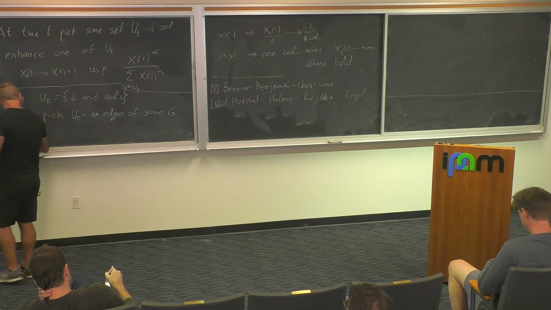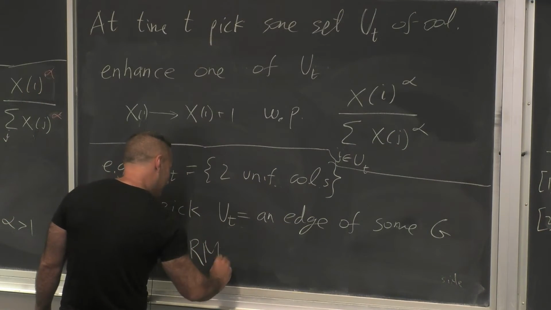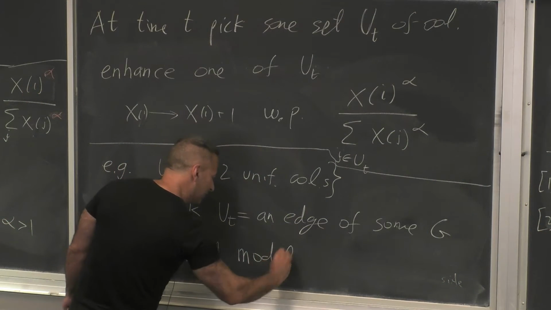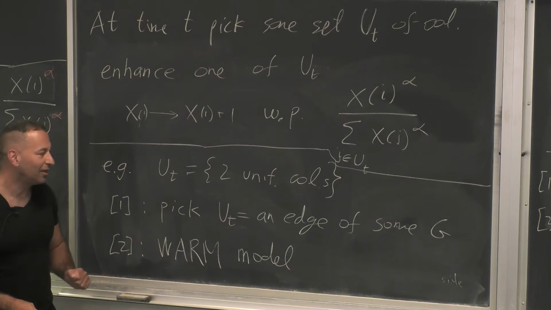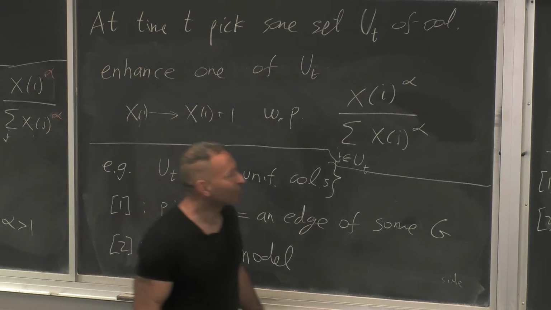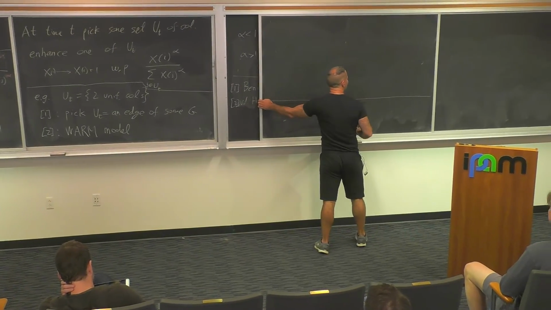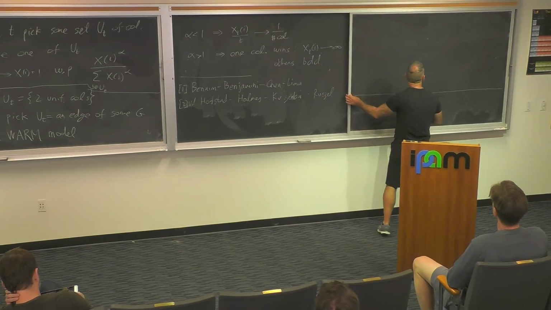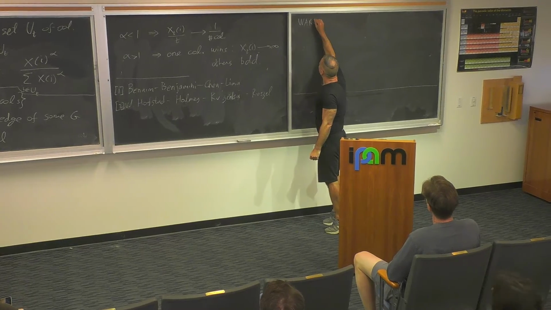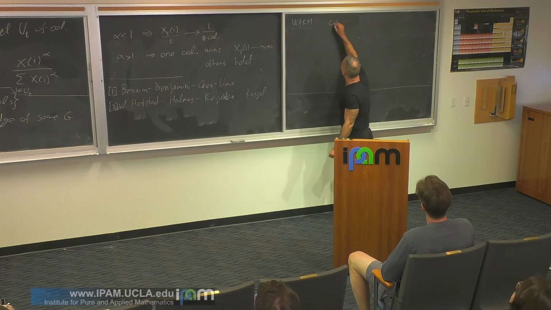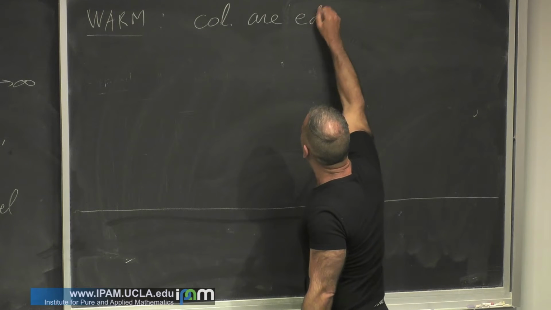In 2, they defined what they called the worm model. So what is this worm model? So the colors are the edges of a graph.